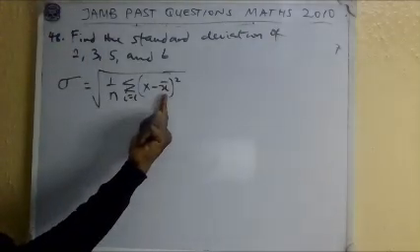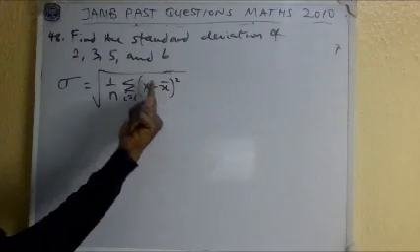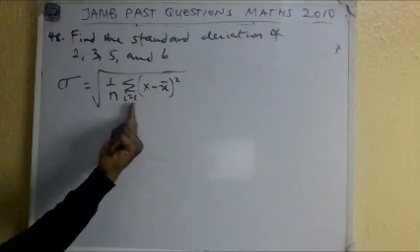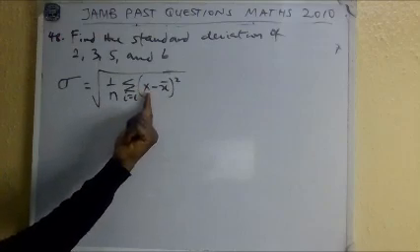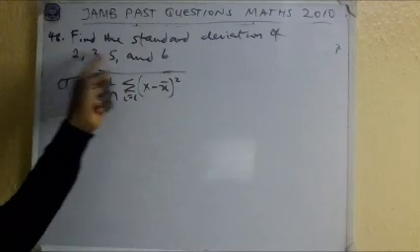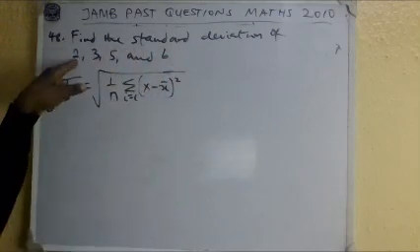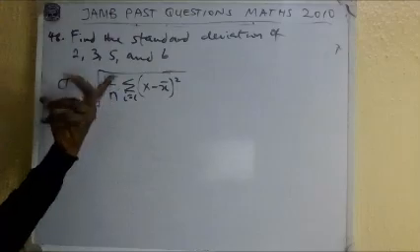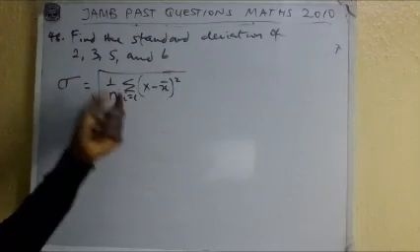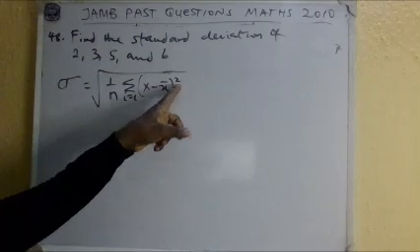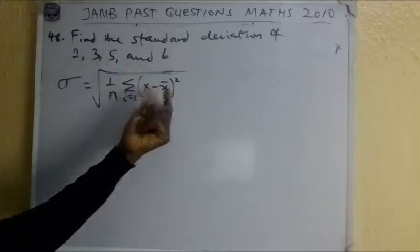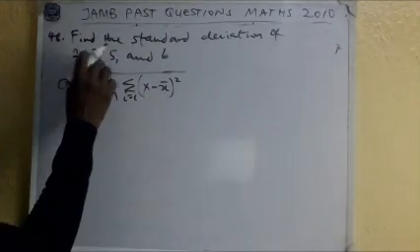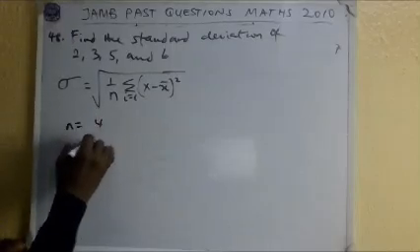When you get the mean, you subtract the mean from each of the terms. That means whatever mean I get, I will subtract it from each term to get a new value. Sorry, that new value, square it first, before you add together and divide by the number of terms. How many terms do we have here? 1, 2, 3, 4. n is equal to 4.